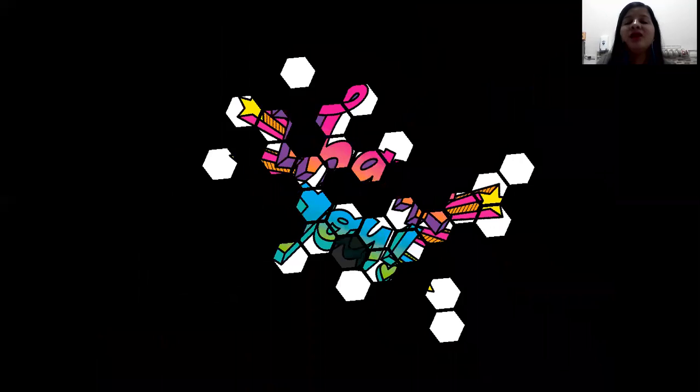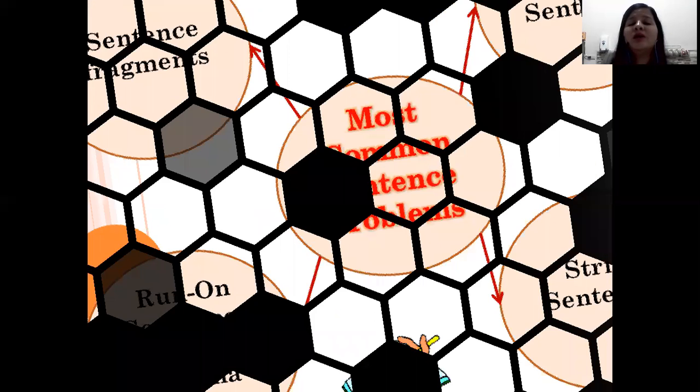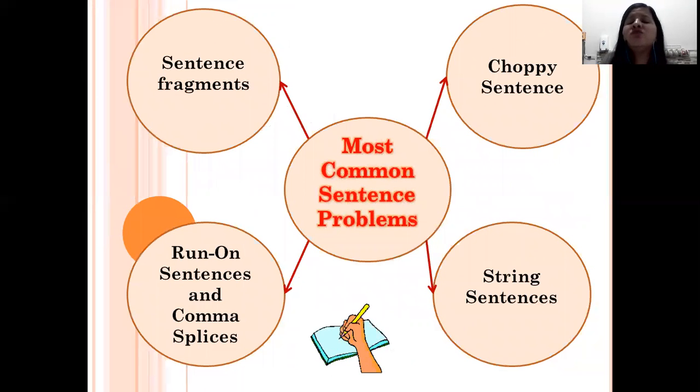And also, I want to mention, don't forget that sentences are used to convey a complete thought, and all sentences must have the correct grammatical elements and punctuation. If you want to improve your academic writing, please practice a lot on these common mistakes, which can help you improve.